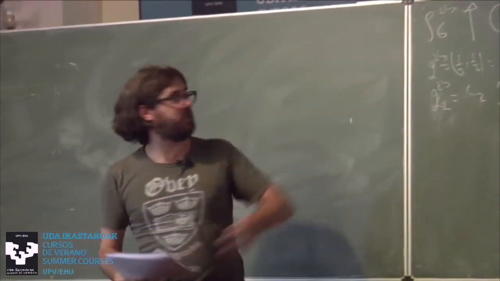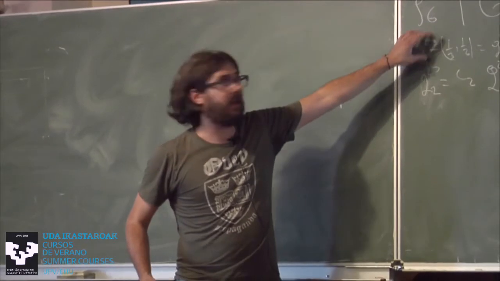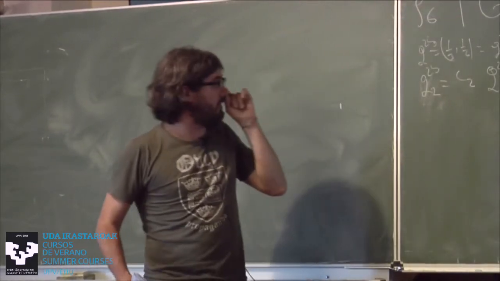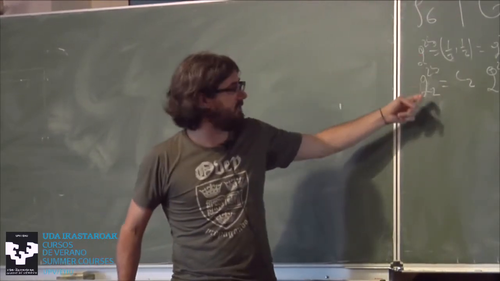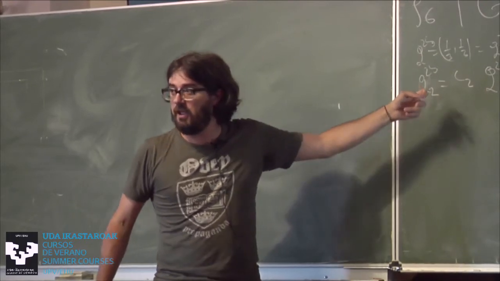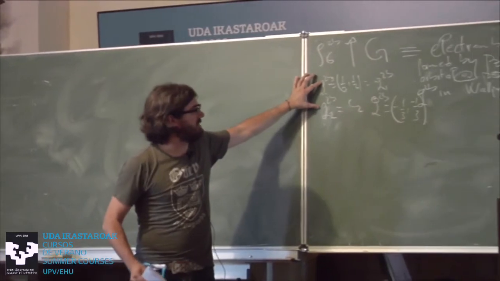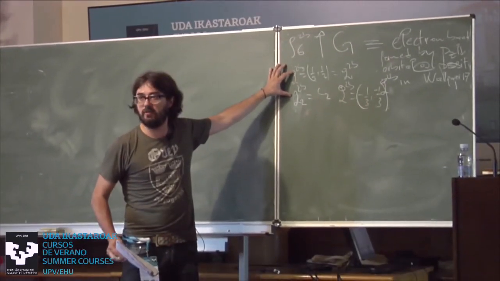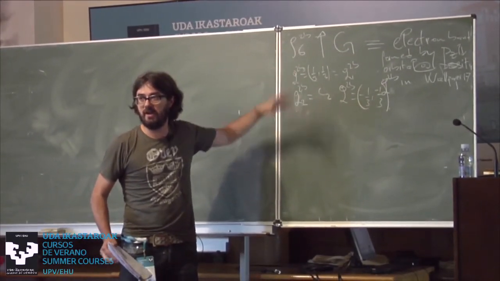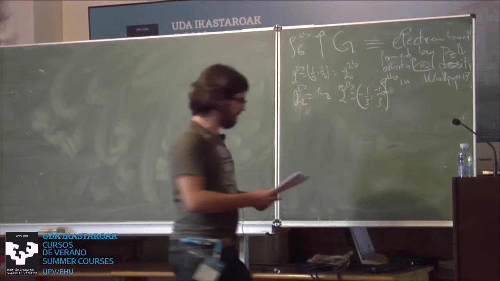And I claim that just by knowing the orbitals on this site, I can build the whole representation here. Well, that's obvious, because knowing the orbitals on this site, I must have the same orbital on this site. And then I just translate it all across the lattice. These two sites in the Wyckoff position form a unit cell, and I just translate the unit cell. Let's do it explicitly.